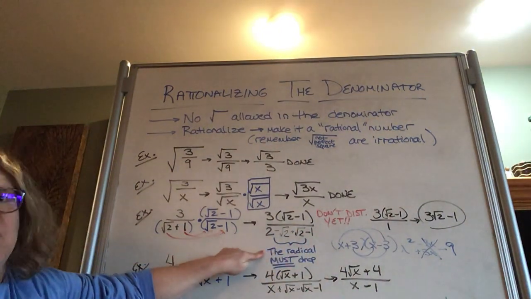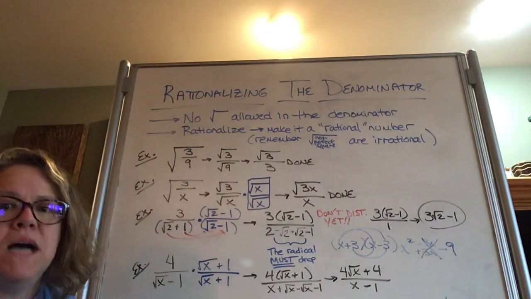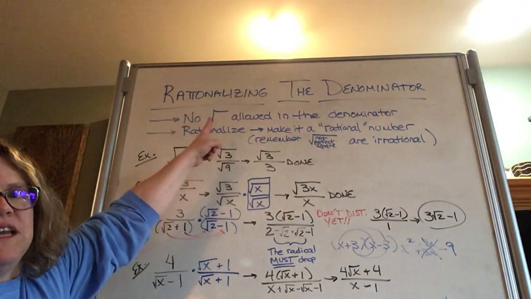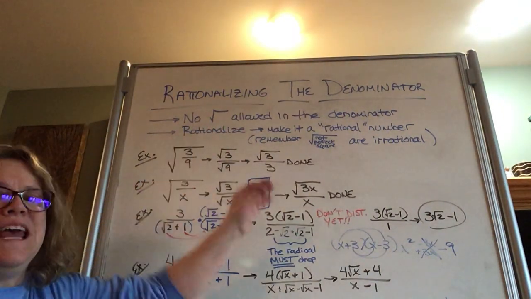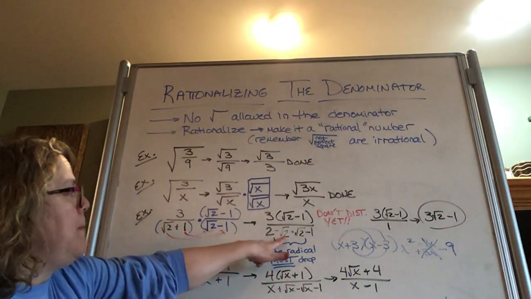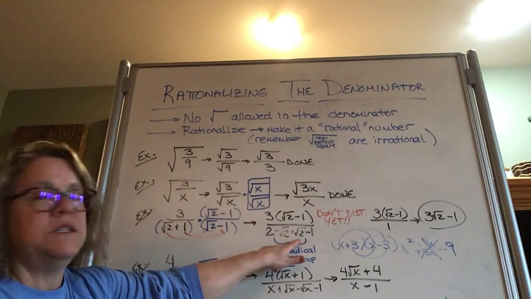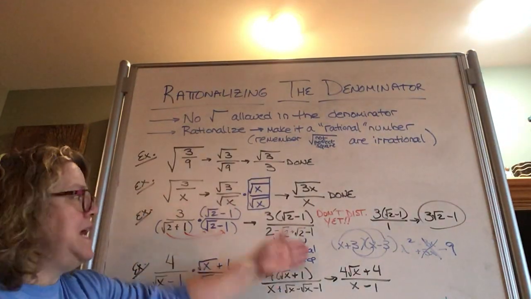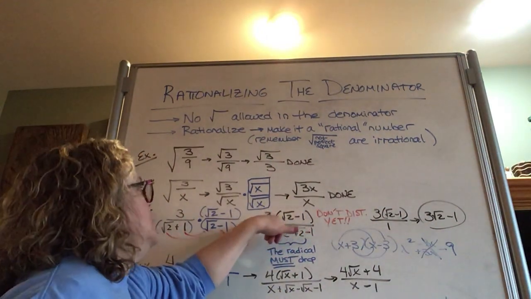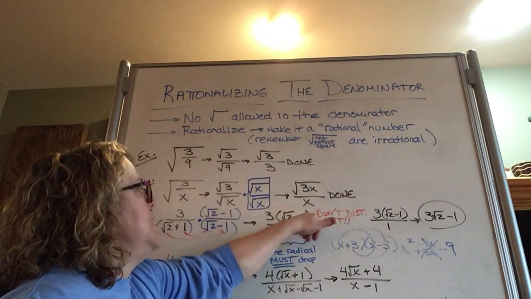Notice this note here. The radical must drop. That's why we're doing this. That's what rationalizing the denominator means. Get rid of the radical in the denominator. So what happens here is this negative radical 2 and this positive radical 2 take each other out. The numerator is 3 times radical 2 minus 1.